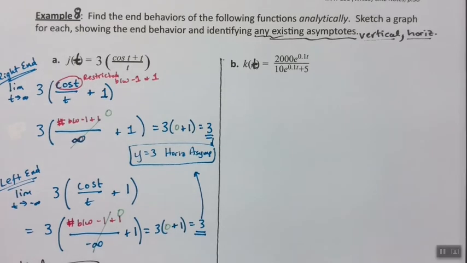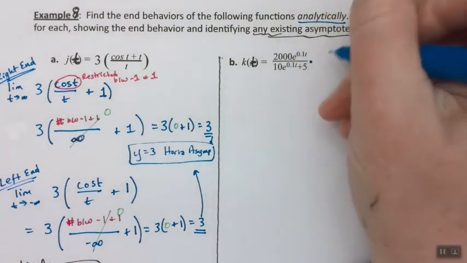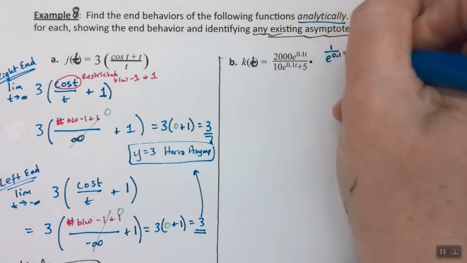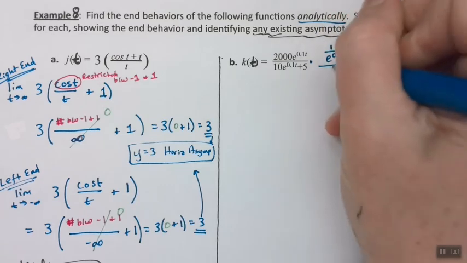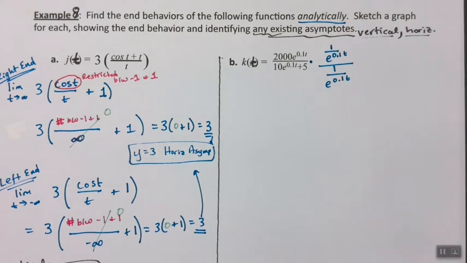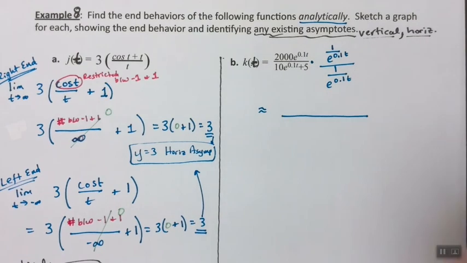So what I'm going to do is multiply, because I want to do this analytically, your favorite and mine. I'm going to multiply by 1 over e to the 0.1t. And of course, if I do it to the numerator, I have to do it to the denominator. Keep it fair and balanced. And that means that k of t has turned into some other function. Let me rewrite it.